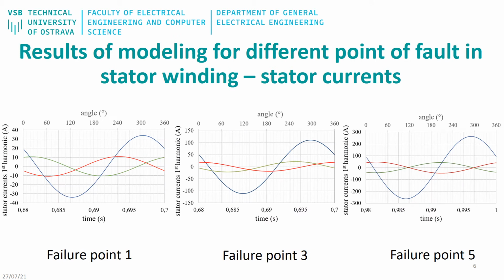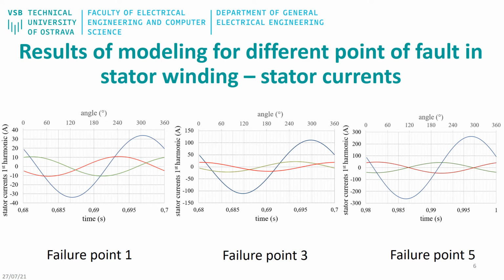This slide presents the current waveform for different coil-to-ground fault points. It is evident from the individual waveforms for fault points 1, 3, 5 that the current value in the affected phase increases. The increase in value is higher for each point and increases as it approaches the motor connection point to the power supply.